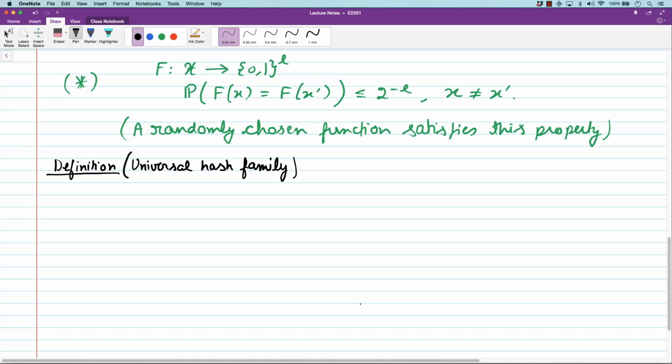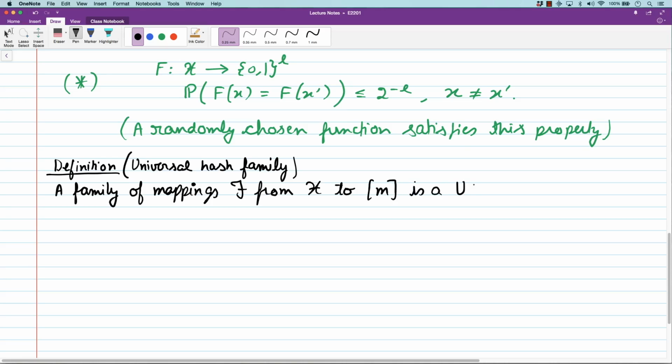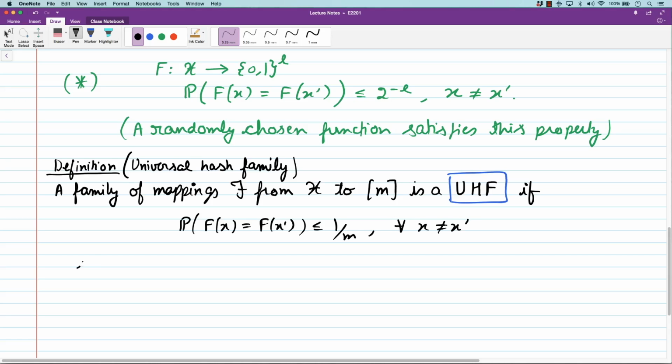What's the definition? A family of mappings f from x to, instead of 0 1 to the L, maybe in this case it makes sense to just take it as m, is a universal hash family if this property star holds: the probability that f of x equals f of x prime is less than or equal to 1 by m for all x not equal to x prime, where f is chosen uniformly over this family.